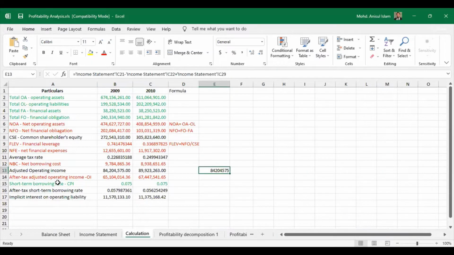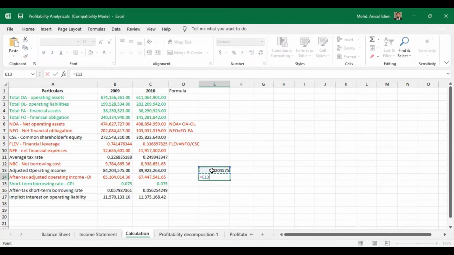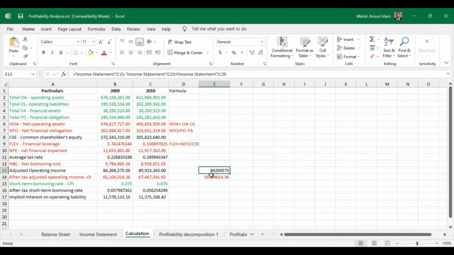The adjusted operating income we just estimated is an after-tax amount or before-tax amount? To make it after tax, we need to subtract the average tax rate from this adjusted operating income. So 1 minus the average tax rate, which is this one. So here is our after-tax adjusted operating profit.